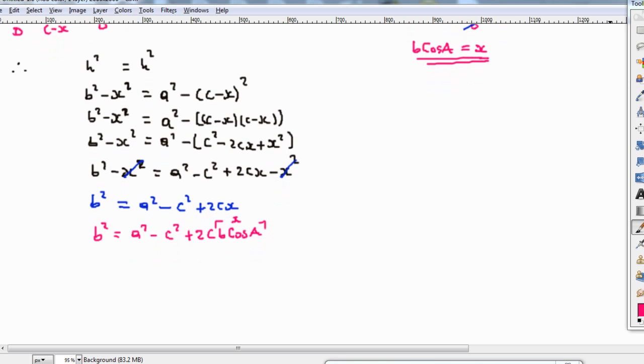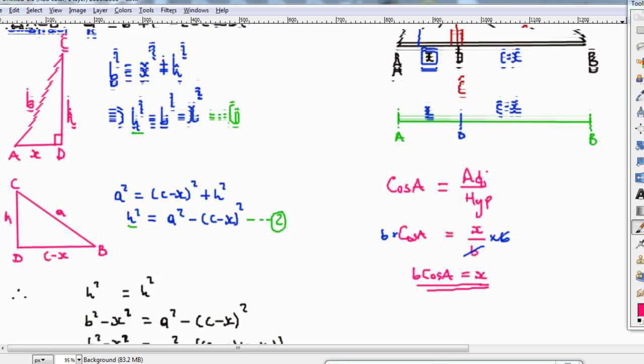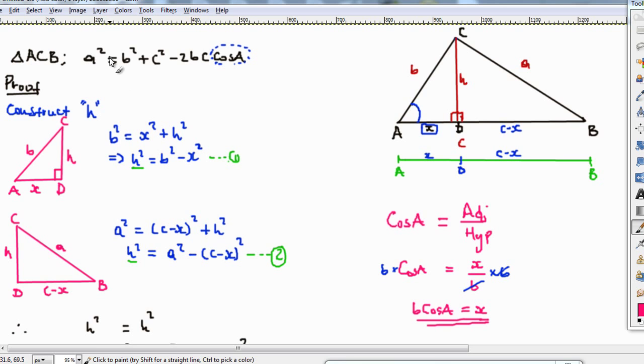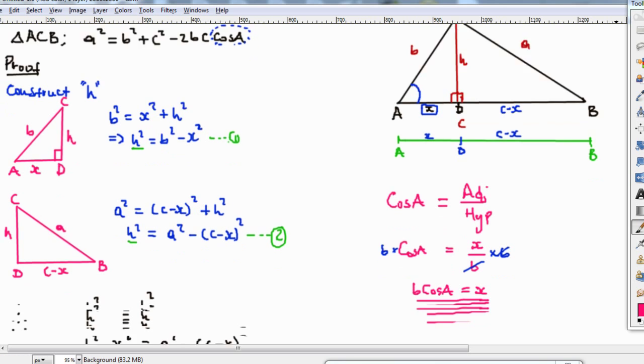And then from there, if a is the subject of the formula, we have to transpose everything, because remember we have to show that a squared is equal to that.